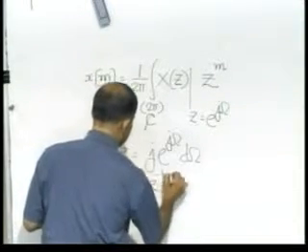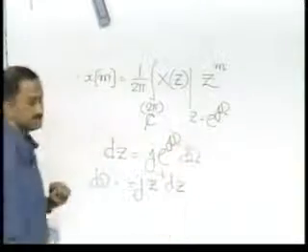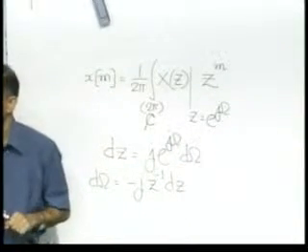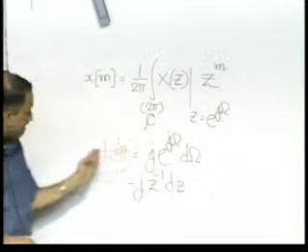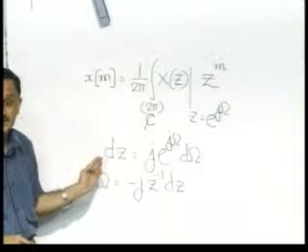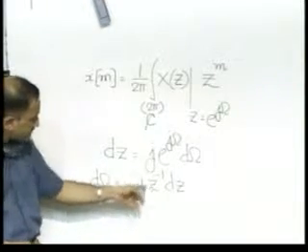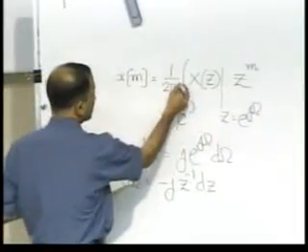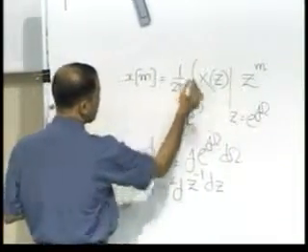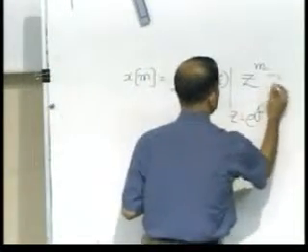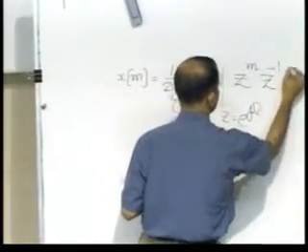Can you see that? Because when you take e raised to the power j omega on the other side, it's e raised to the power minus j omega, that's z inverse. So, I can write it as minus j z inverse dz. Now, j is a constant, so I can bring that minus j outside, and I can write this as z inverse dz.